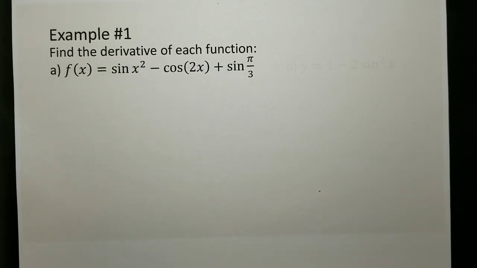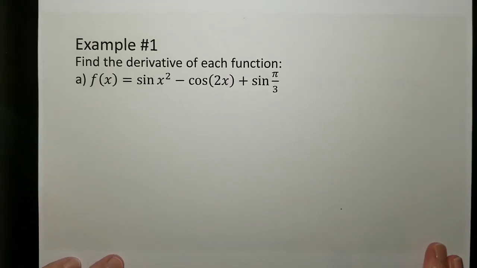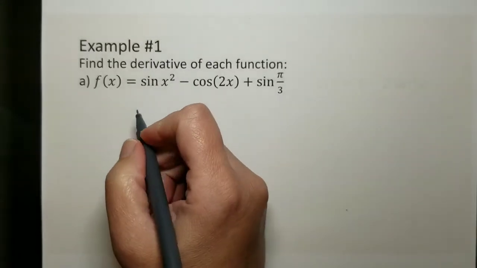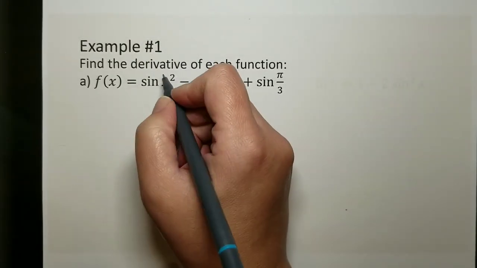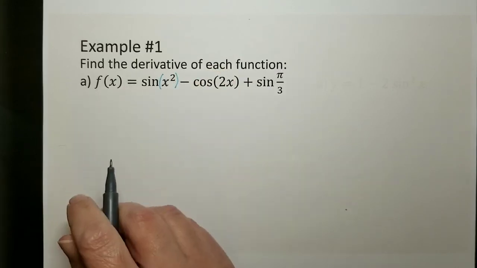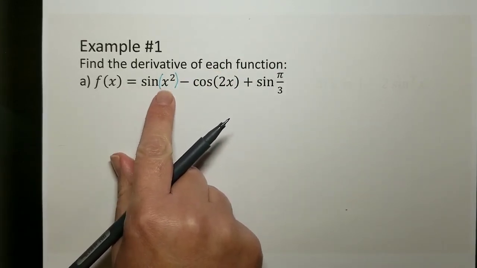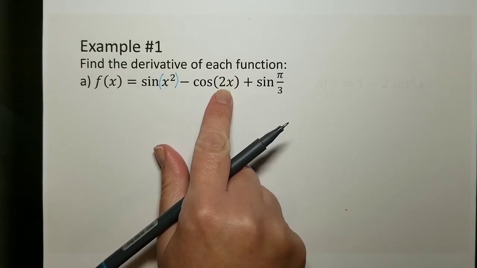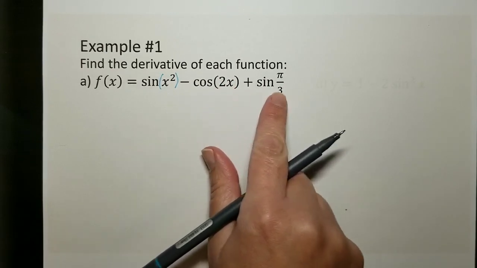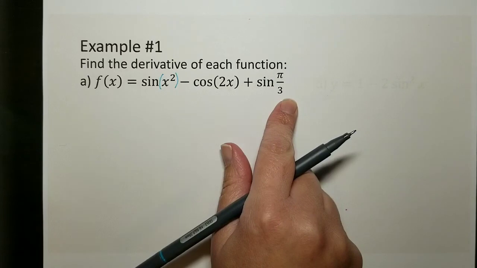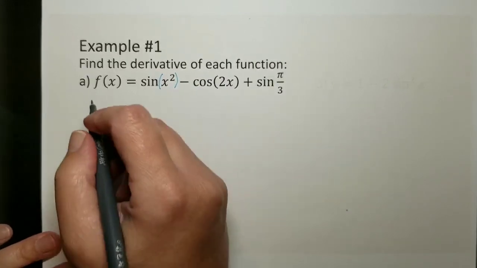So looking here at an example of a function where we're going to find the derivative, f at x equals sine of x squared. So that's one of those composite functions. We've got sine of not just x, minus cos of 2x, again a composite function, plus sine pi over 3. We want to figure out what's the derivative of this function.